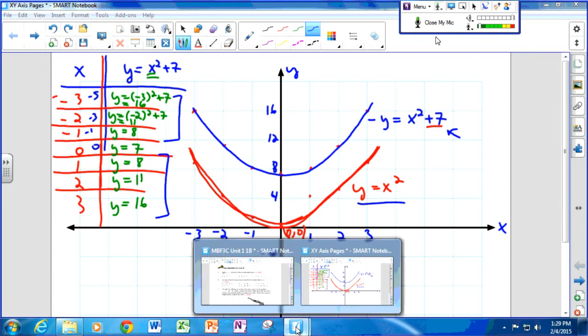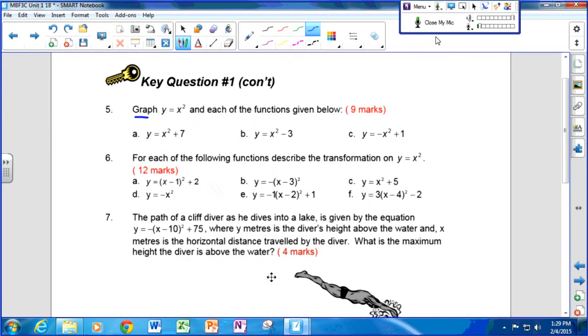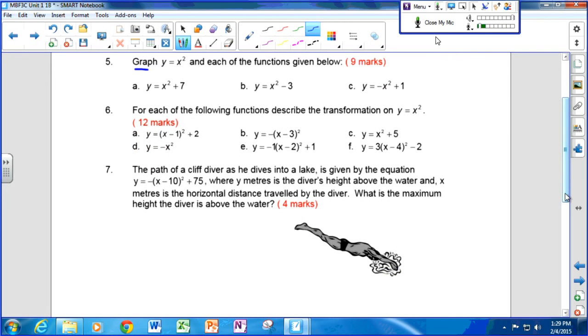Okay, so that was question 5, and for question 6, it's similar, but it says describe the transformation. So now we want all of it. You want the A, the H, and the K, and then how it shifts.